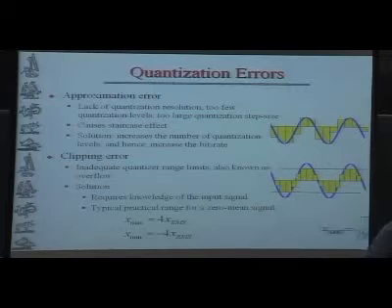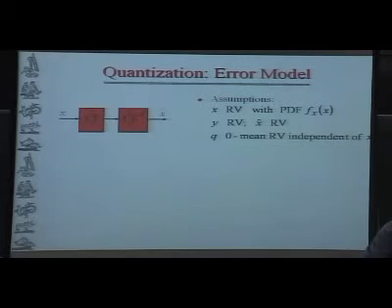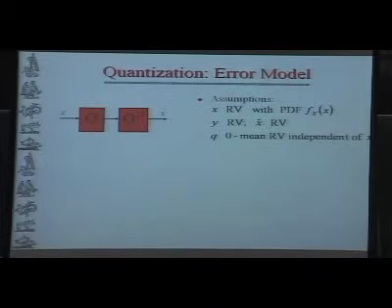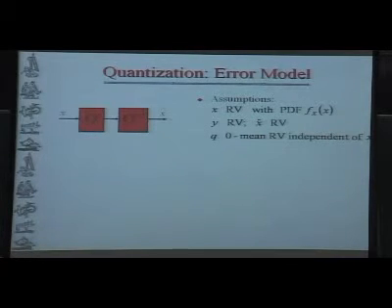So let me bypass this and let's start with some quantization error analysis. So the assumption is this, okay? I have an x coming in, just a scalar, one single value. It's a random variable with a certain PDF, maybe Gaussian distributed, Laplacian distributed, or uniform distributed.